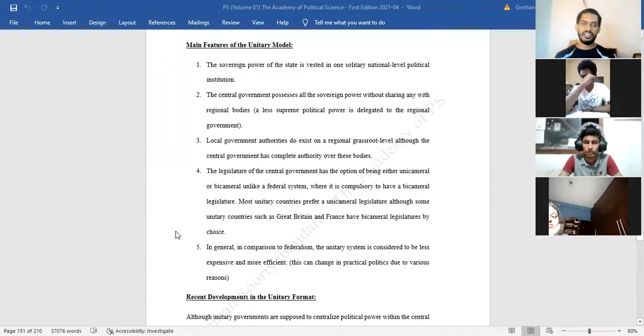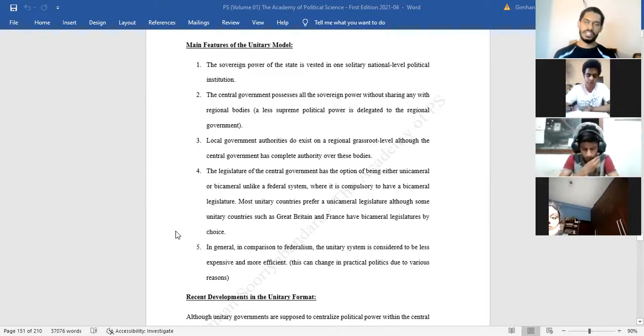A country like Switzerland may go federal, but their ministers ride the bicycle to parliament. They don't spend a lot of money on salaries, houses and vehicles. So they are federal, but they still spend less money than us to sustain the government. So it can change in practical politics, even in efficiency.